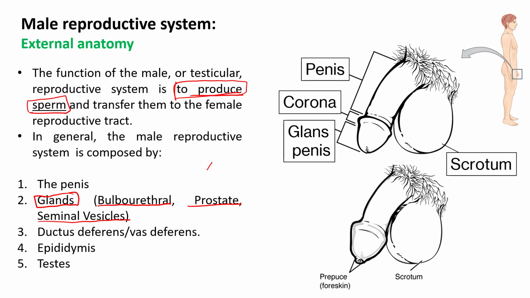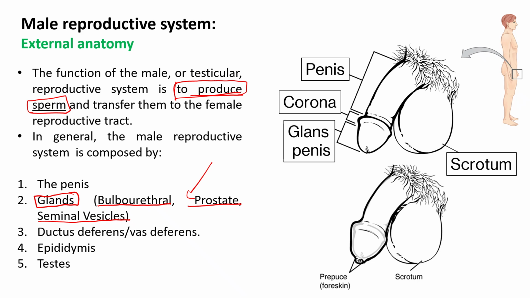I want you to keep in mind that one of the most important things, and that students most of the time forget, is to learn the location of these glands, how these glands relate to each other, what is above these glands, what is below, what is around them. So make sure that your mindset is the location of these glands, okay? And the function of these glands is important to produce what we call semen.